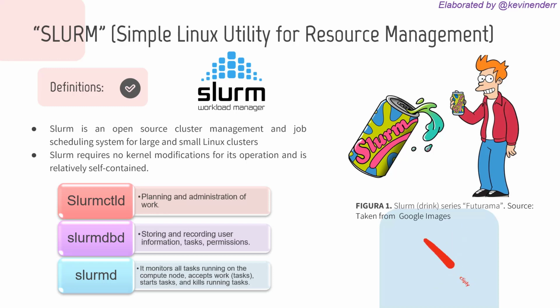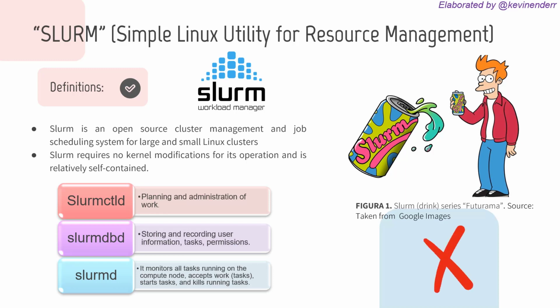This service is responsible for storing and recording user information, tasks, permissions assigned to users, etc. The service runs on the leader node. And finally, slurmd. The slurmd service runs on all nodes and is in charge of executing the processes on the computing nodes, as well as communicating with the slurmctld service of the leader node. It monitors all tasks running on the compute node, accepts tasks, starts tasks, and kills running tasks on demand.